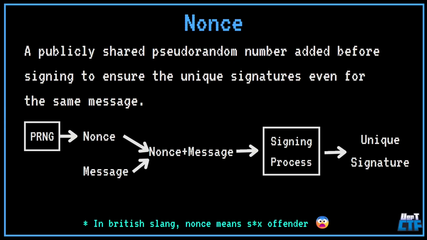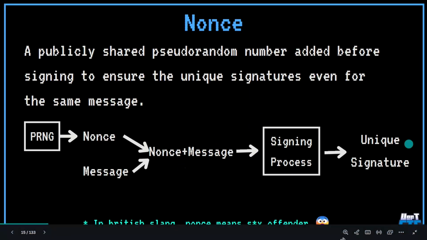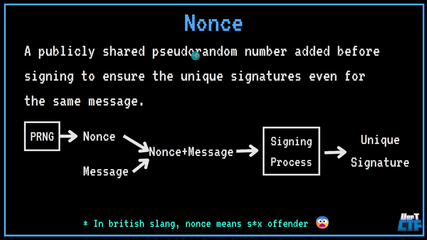It could be like a counter, like the first message you send has a nonce of 1, and the second one has a nonce of 2, and so on and so forth. The idea is you append the nonce before the message, so that when you hash it and go through all the operations, you get a unique signature. So not all the same messages have the same signature. We'll talk about why this is important later on, because there's an attack called the signature reuse attack, which abuses the fact that signatures could be the same across different instances.